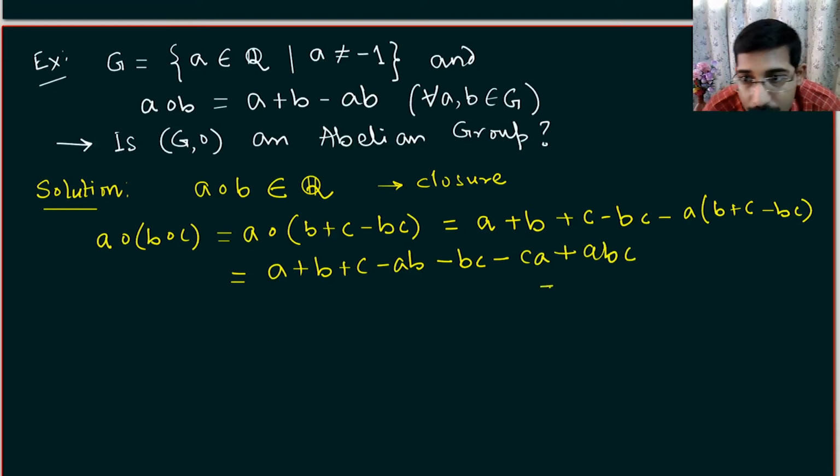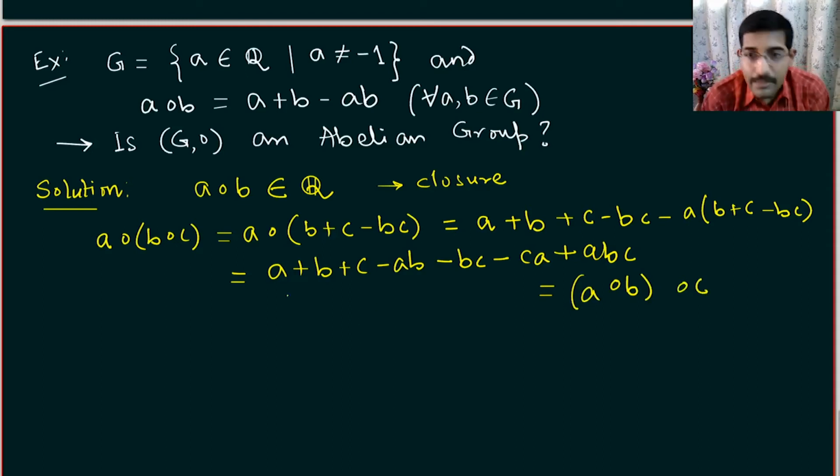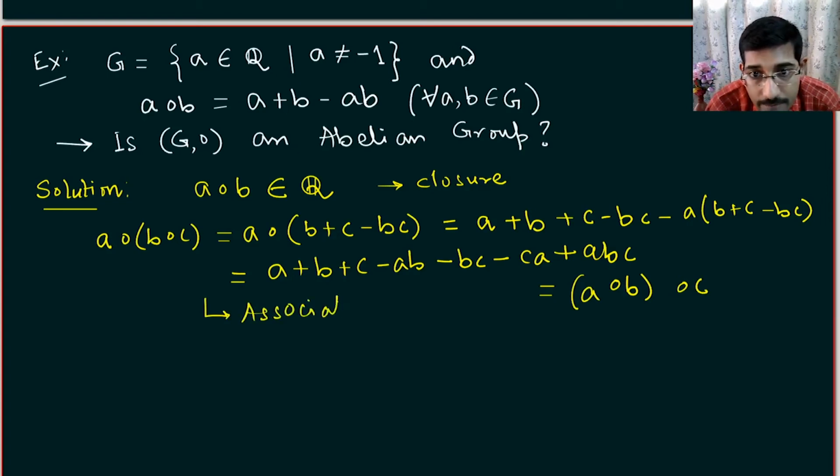And if you compute this also, doing A∘B first followed by C, this will be the same as this. So the associativity holds. So you have also proven the associativity.